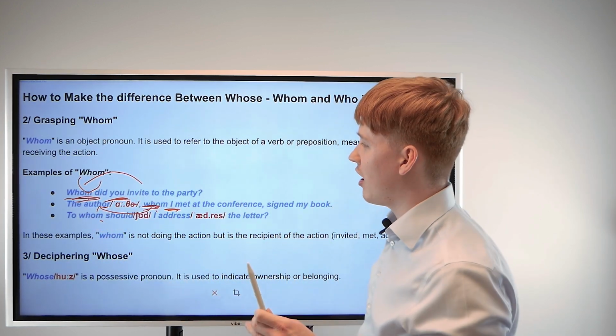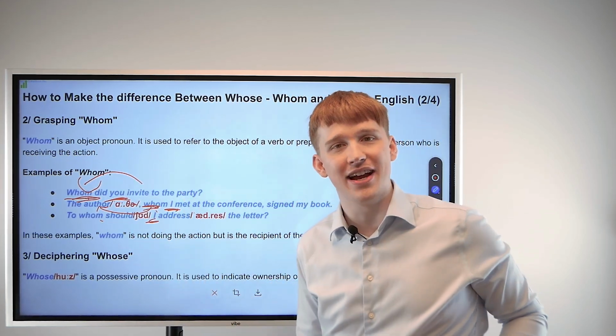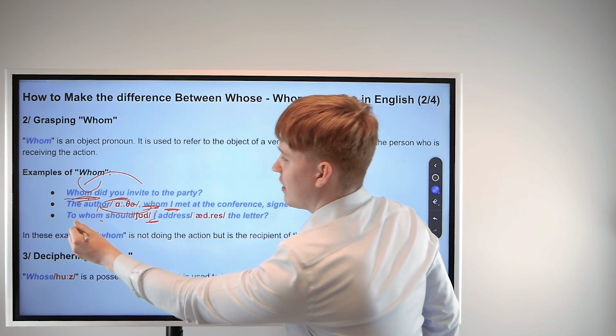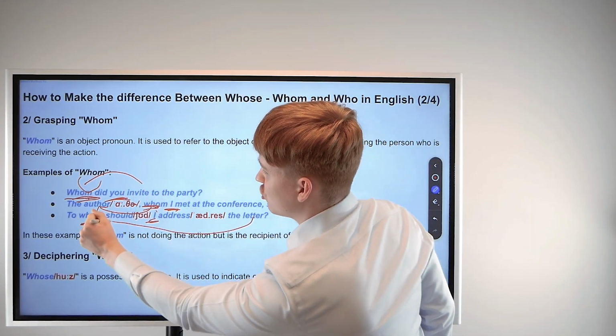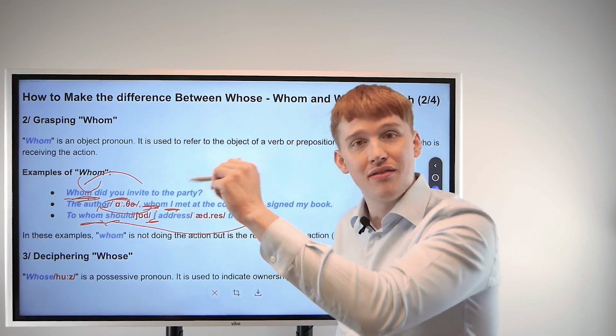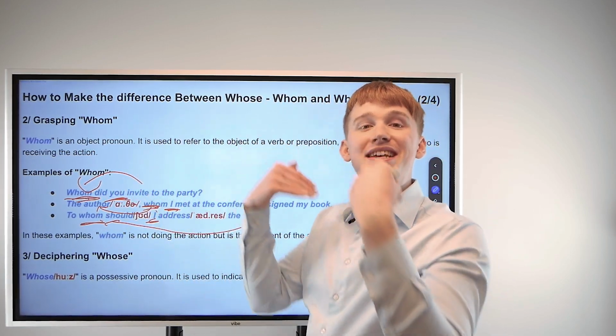So here we are talking about, once again, I is our subject, but whom is the person who the letter is being addressed to. I is the one addressing the letter, you see, whereas whom is the one receiving that.